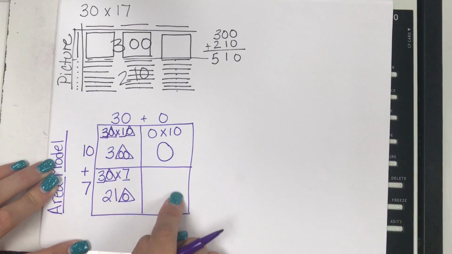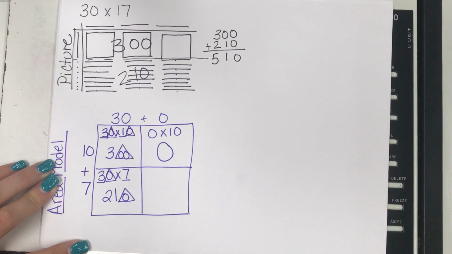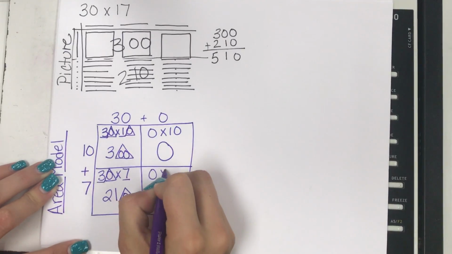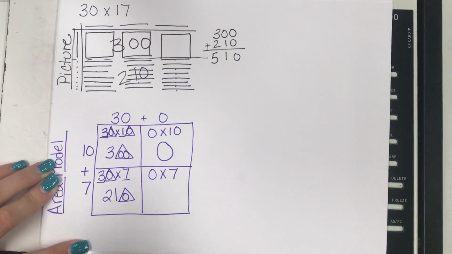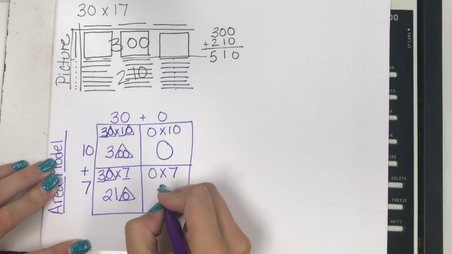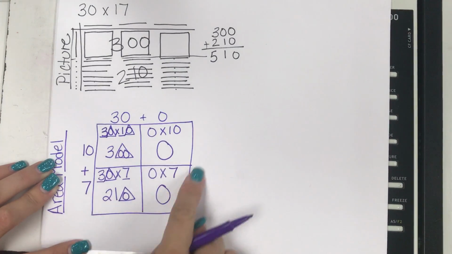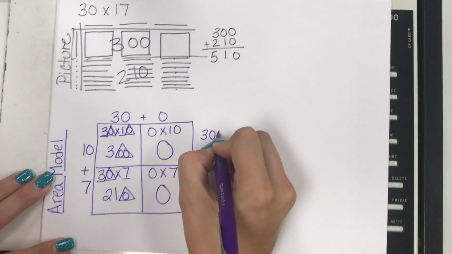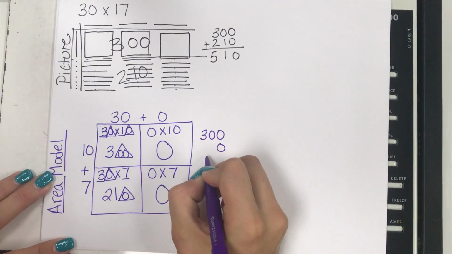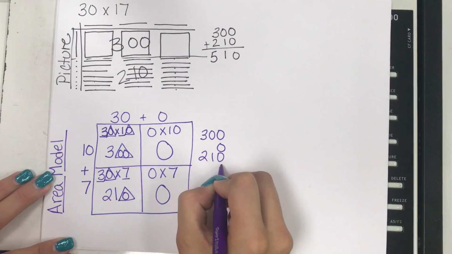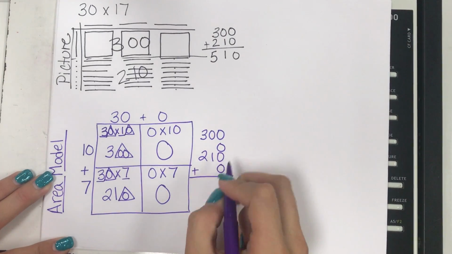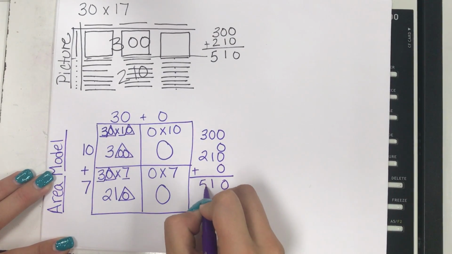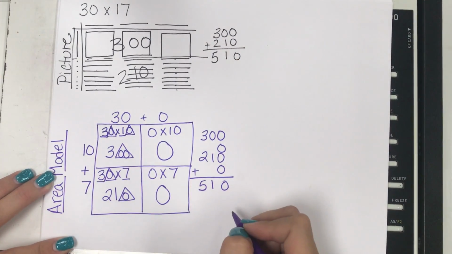What goes in this bottom right box? 0 times 7 or 7 times 0, and 0 times anything is 0. So what do I need to do with all these numbers? Add them up. 300, 0, 210, 0. Did I get the same number? Yes.